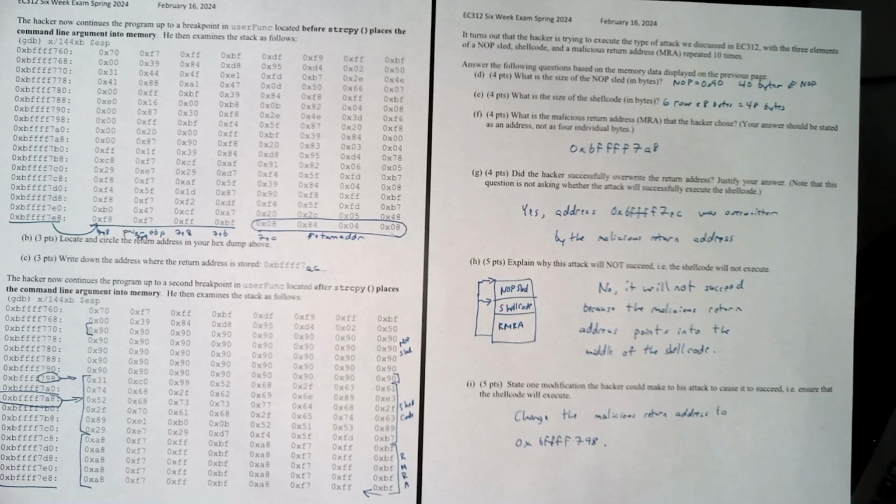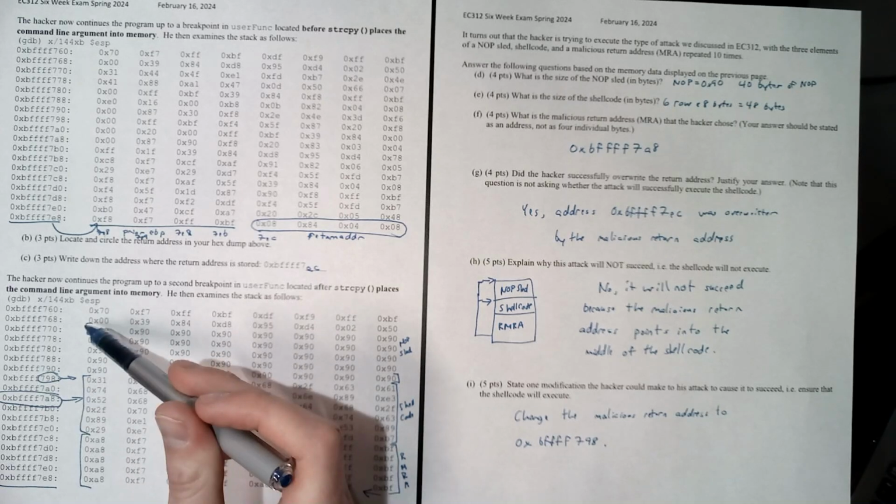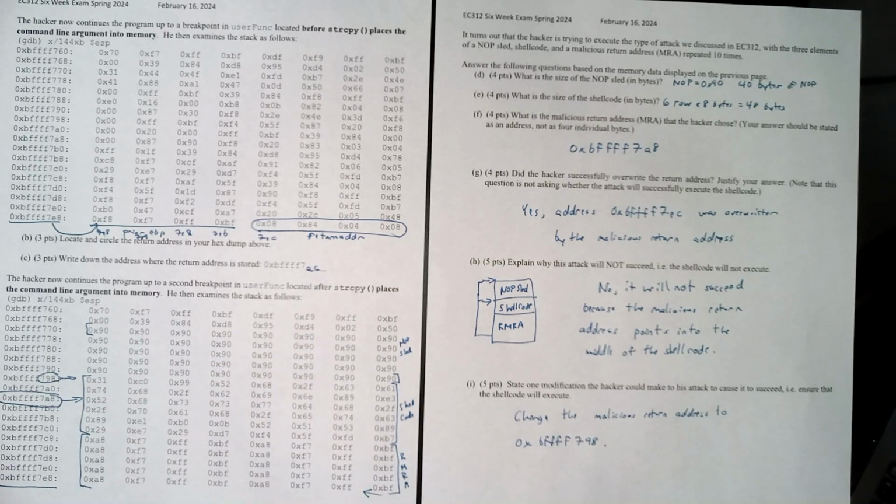That points to the beginning of the shellcode, so we know it's going to be safe. You could choose any address within the no-op sled as well. You could also say things like, we use a different shellcode that makes it smaller so that the malicious return address works now, right? So there are a bunch of different answers to this question. As long as you justify it well, I think you'll get points for it.